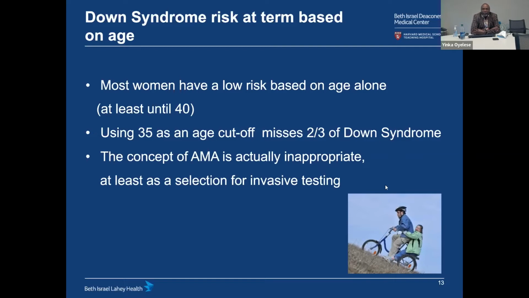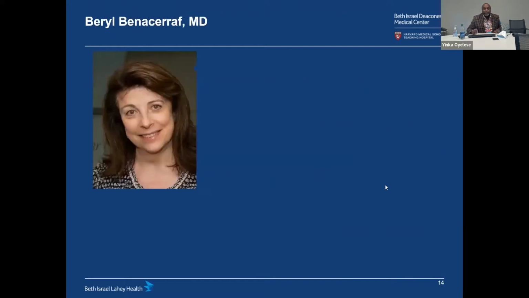Using 35 as an age cutoff misses 2/3 of babies with Down syndrome, and the concept of AMA is inappropriate, at least as a selection for invasive screening. A woman is not 34 years, 11 months, 29 days, 23 hours, 59 minutes, and 59 seconds, and at the time the clock ticks midnight, something terrible happens to her. That only happened once in history in a fairy tale called Cinderella.